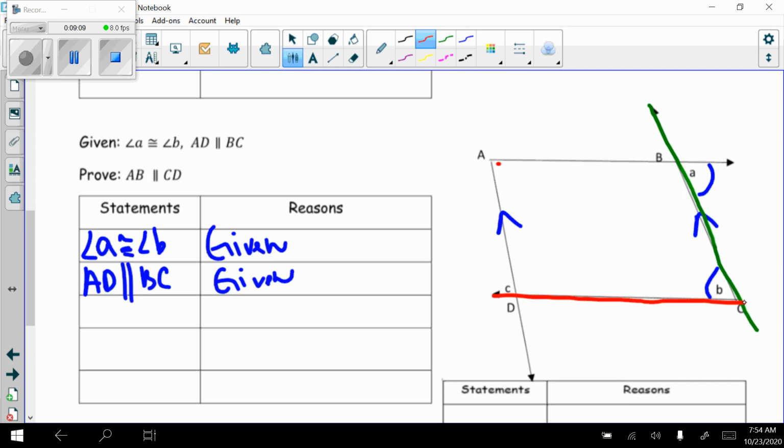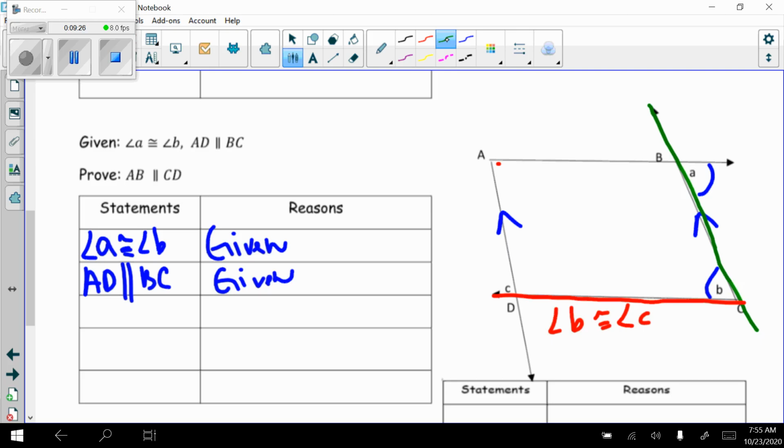So if I could get that angle B is congruent to angle C, then I would have enough to prove that that's a transversal and those two lines are parallel. So let's see, what can I do?